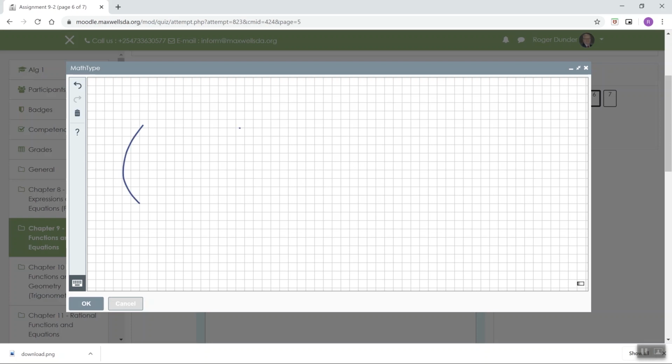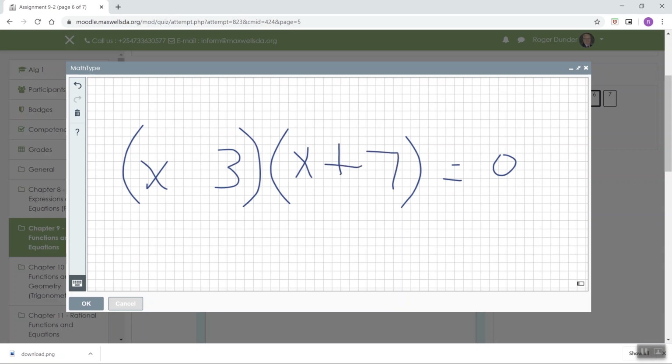Okay, so factoring. We're going to have x and x, 3 and 7, and it was plus and minus like that. So there you have it. So x equals 3 or x equals minus 7. And I'll do that separately.